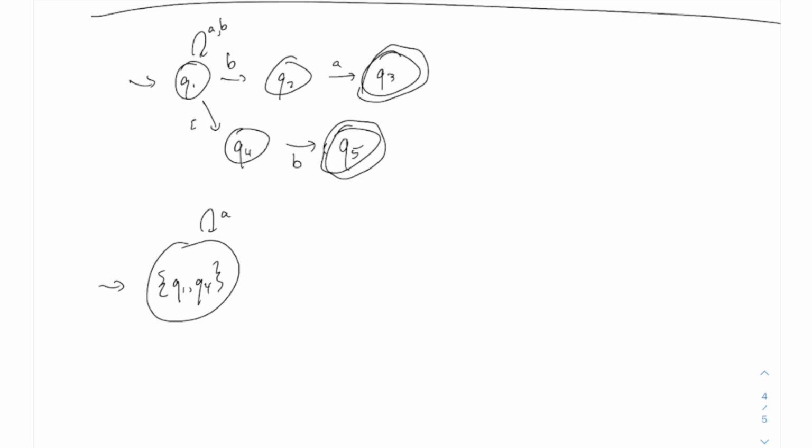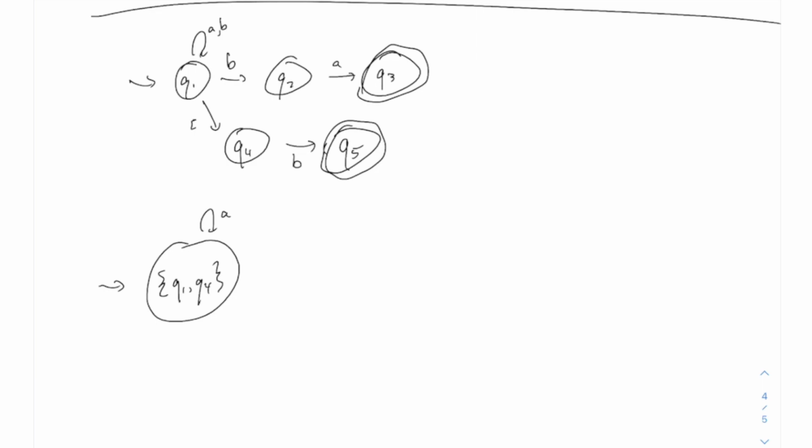It's very hard to tell. B from here. Start at Q1, Q4, Q5, then B, Q5, Q1, Q2. It's the same.